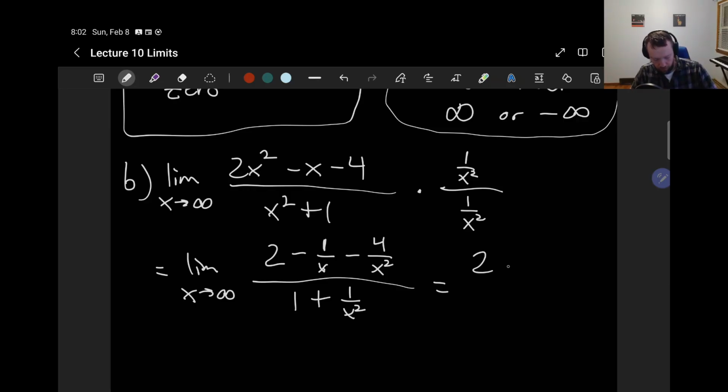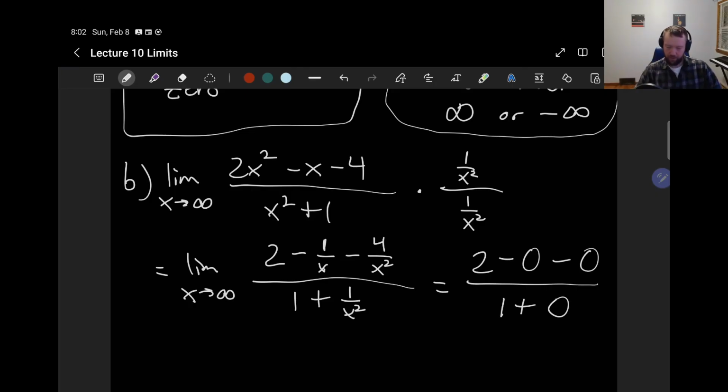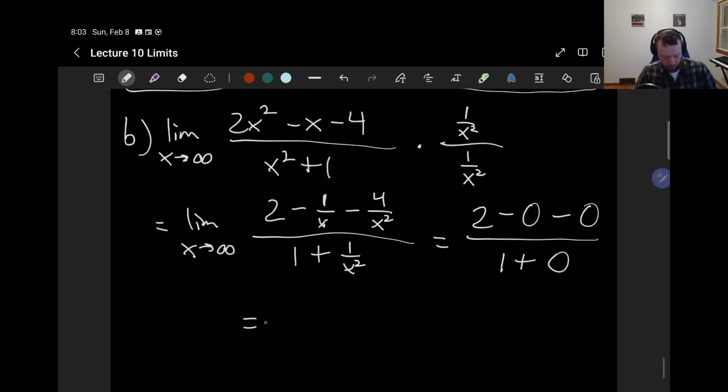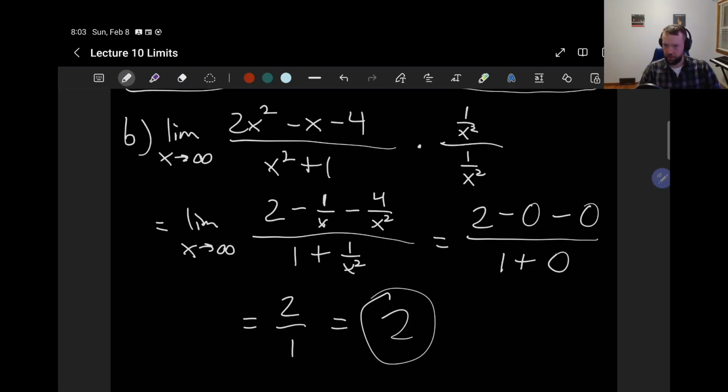This will head towards 2 minus 0 minus 0. Right, these parts will become 0, over 1 plus 0. And this is totally tame. Just 2 over 1. So there's a clear answer of 2.